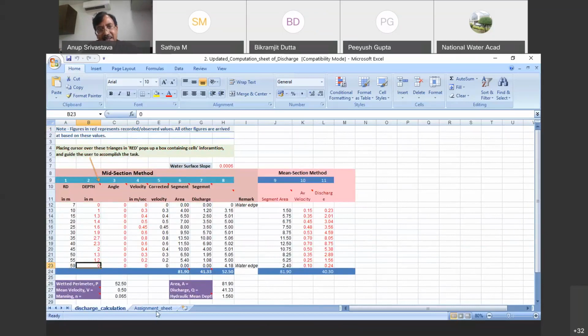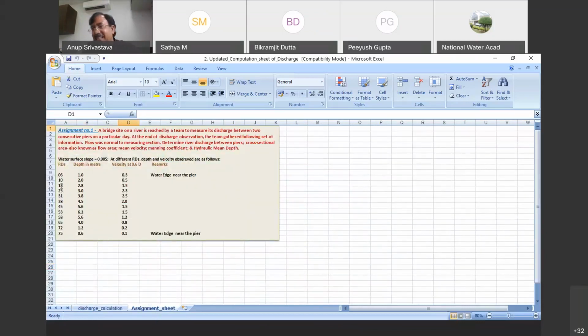But in the assignment, these are irregularly spaced. The point of keeping irregular spacing is only to highlight how these calculations are made and what formulas are embedded behind them. Whether your verticals are equally spaced or not, it is not going to make much difference. This is what I wanted to highlight.